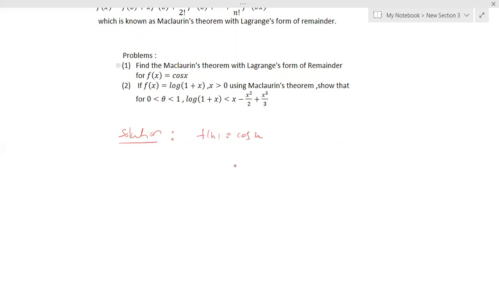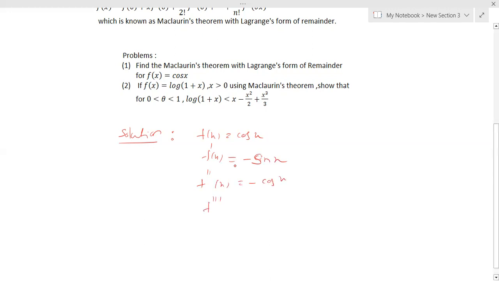In general, here I am explaining the derivative of f of x. The derivative of f, that means f dash x, is minus sin x. The derivative of sin x becomes cos x, minus sin x as usual.